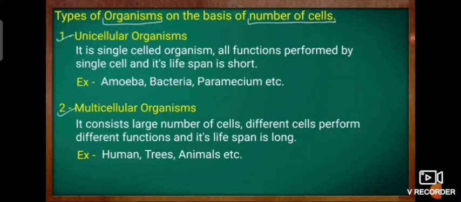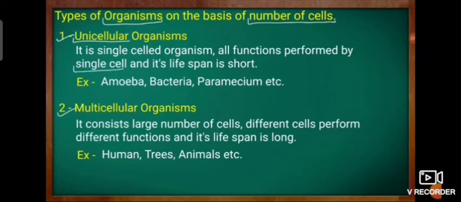That means that one cell is capable of doing all the physiological activities. The most common examples are amoeba and bacteria. These are simple unicellular organisms present all over the world. One cell is capable of doing all the physiological activities like food digestion, excretion, transportation, reproduction, locomotion, defense, etc.